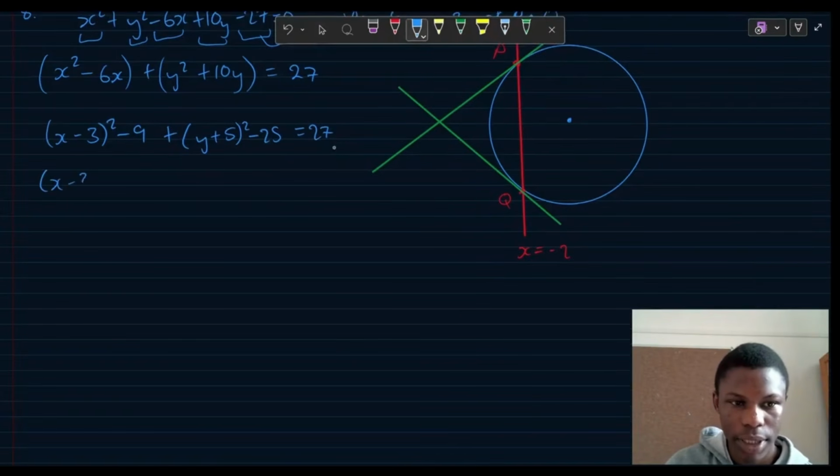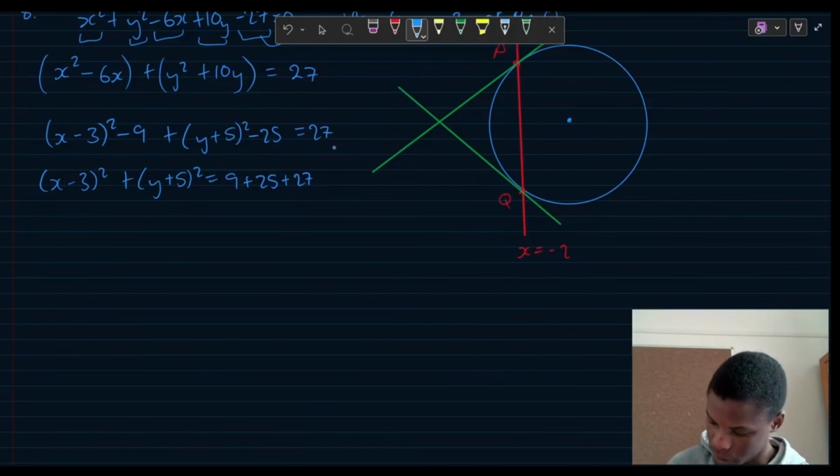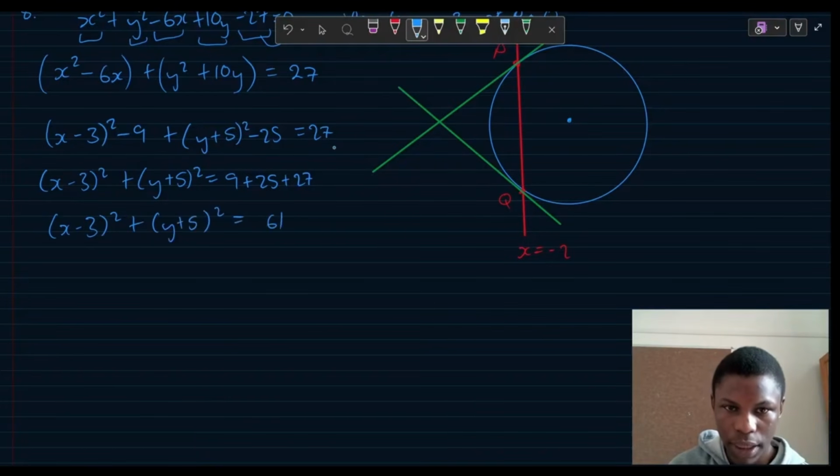So you've got x minus 3 squared plus y plus 5 squared is equal to 9 plus 25 plus 27, which is 34 plus 27, so 61. So we have that x minus 3 squared plus y plus 5 squared is equal to 61.